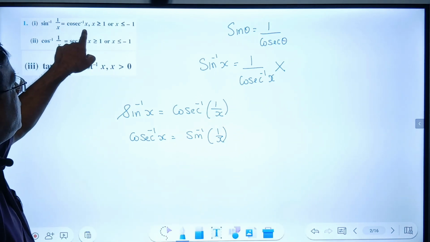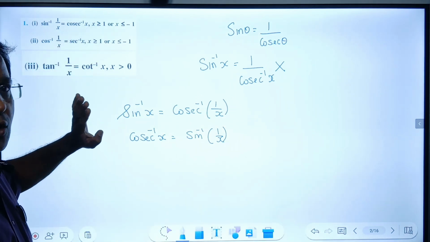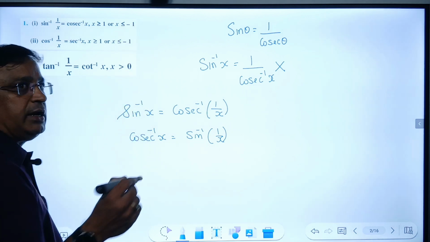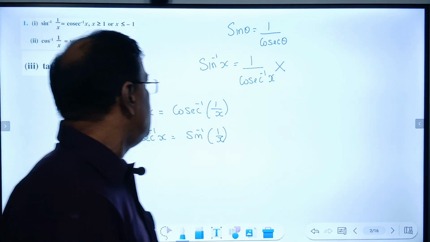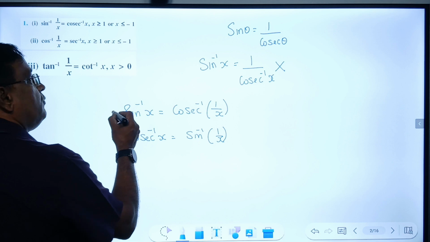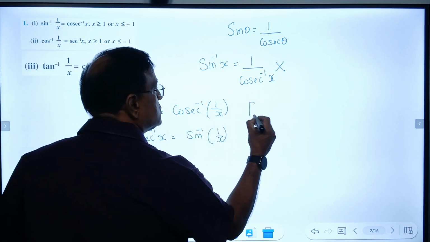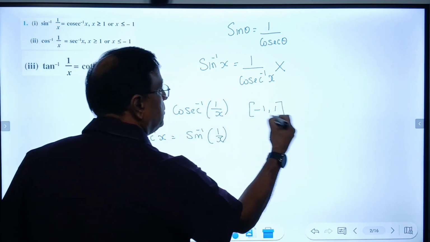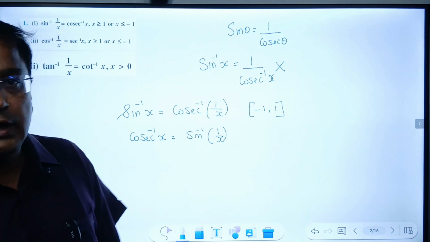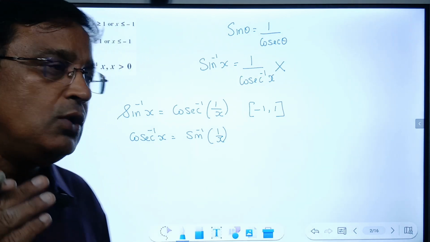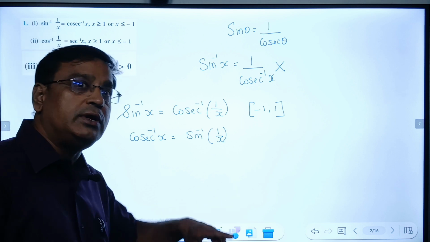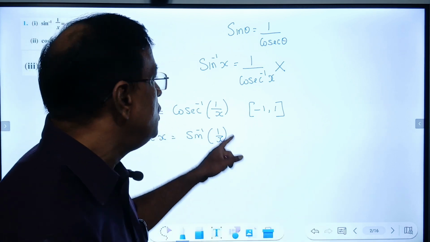So here for cosecant x, the domain is all real numbers except the open interval -1 to 1. Now for this function, it will be the closed interval -1 comma 1, because the domain of definition of sine inverse x is from -1 to 1.